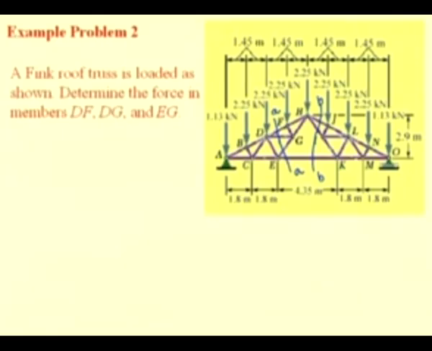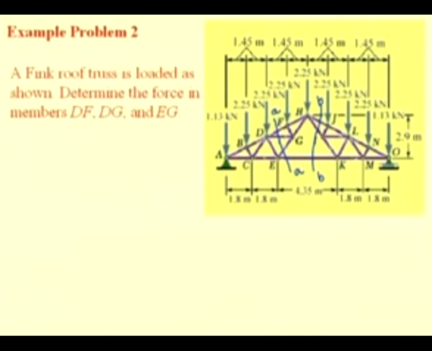Now, we see that since this section passes through only 3 members, it is possible to determine all the 3 forces. So, once we have determined this force EK, now we can go back to the previous section and now only we will have 3 unknowns, that is DF, DG and EG, and the problem is solvable.